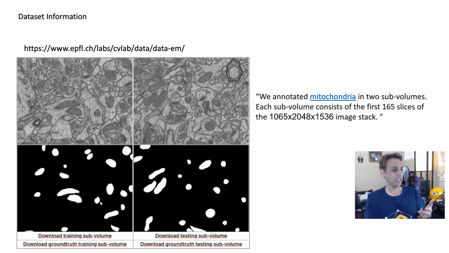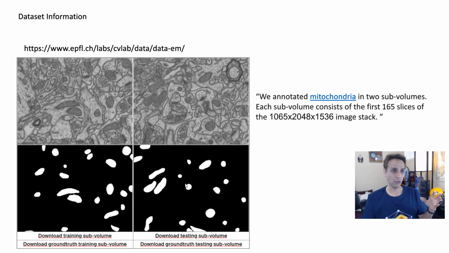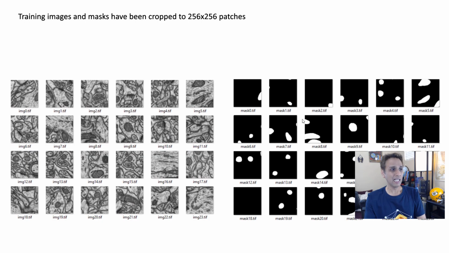Each image in the subvolume is 1024 by 768, and you have 165 such images. Go ahead and download all this data, and you should be ready. But these images are huge, like 1024 by 768, or if you work with the original images, they are 2K by 1.5K.